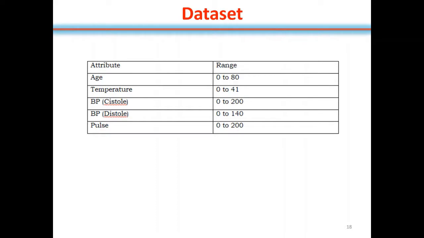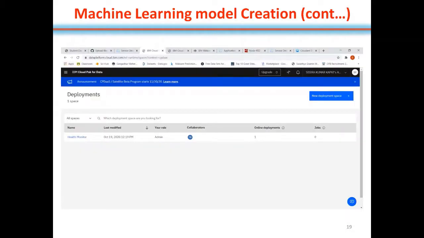The dataset which is used here has 5 parameters like age, temperature, BP systolic, BP diastolic, and the pulse. The machine learning model is created by using the AutoAI experiment service, and the model is deployed in the cloud space.